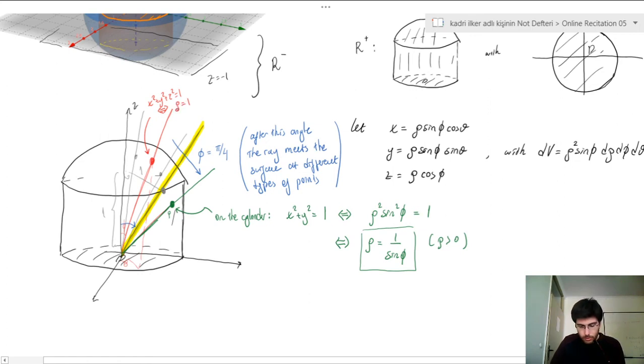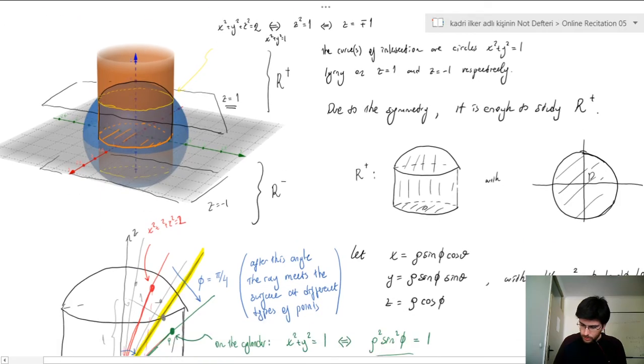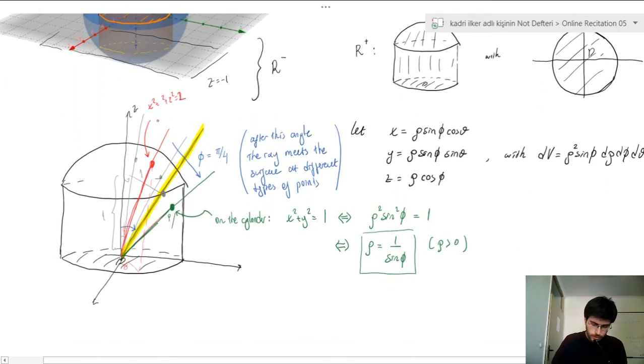And that's all, basically, right? Oh, no, what was the equation? Oh, this was not a unit sphere, right? I'm so sorry. In the question, this is not a unit sphere. So this is 2, and this corresponds to rho equals square root 2.